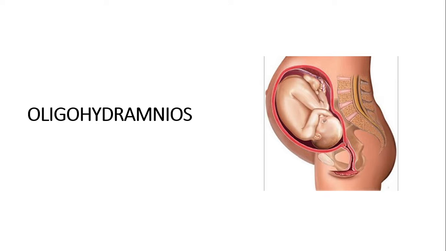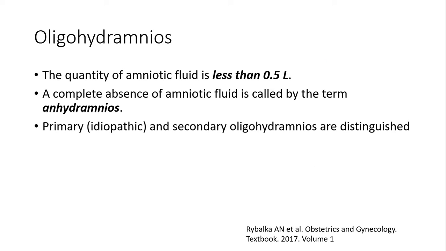Let's come to another part of it, oligohydramnios. I already touched this topic a little bit. It should be considered a more difficult condition compared to polyhydramnios and more often to be seen. In this case, less than 0.5 liter of amniotic fluid is anticipated.